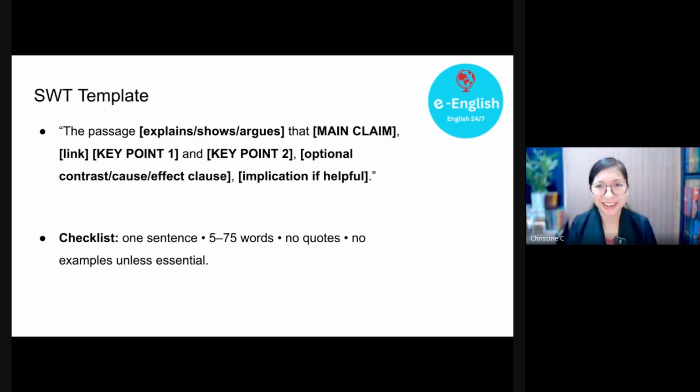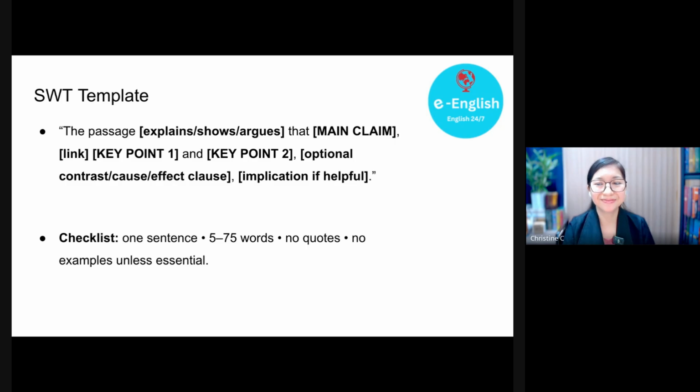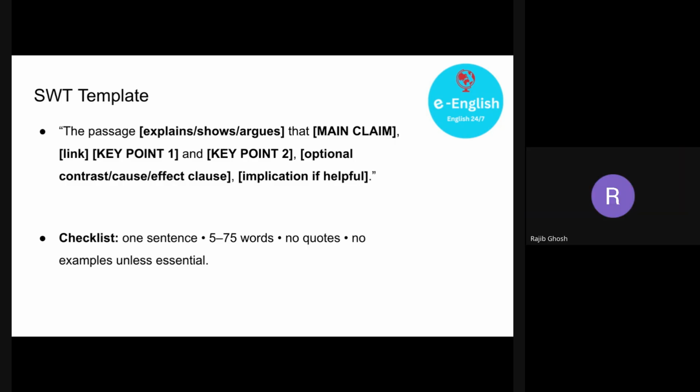Yes. Always we can eliminate all the statements. But for example, if in a passage most of the part is quotation, how can we write a summary in that case?